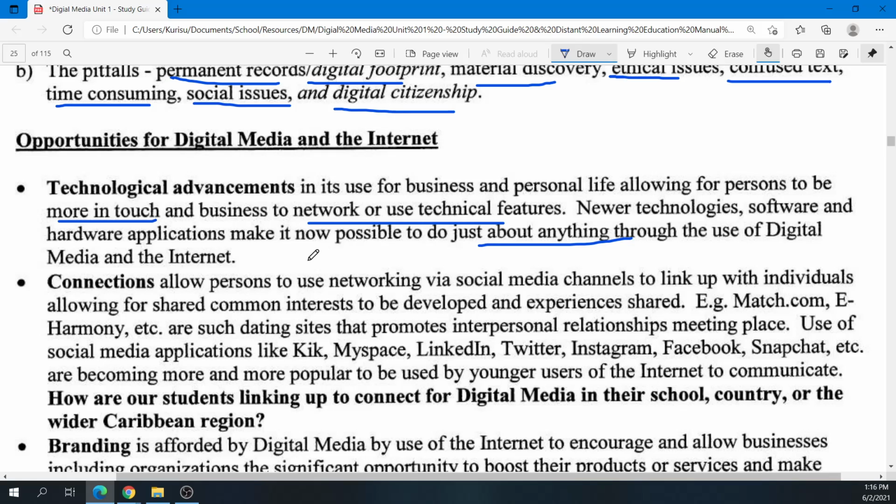We can offer our services online, communicate with persons online, keep in touch with persons, and advertise online. If our business has any issues, we can communicate with somebody, we can network with somebody so that they can help us out with the issue. Technology has a lot of benefits for businesses.